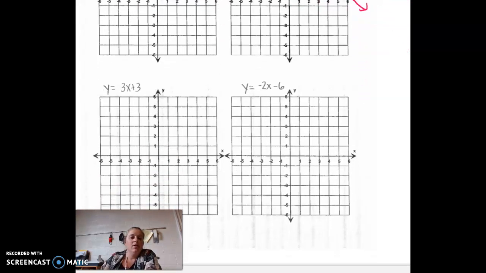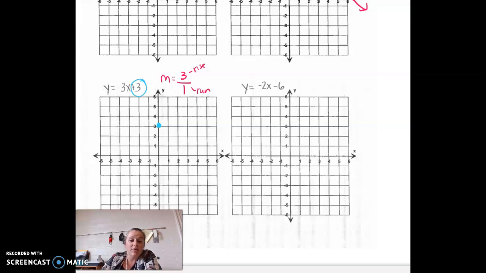Okay, let's look at this one. Y-intercept. No variable here, so we're going to put a point on the 3. And then my slope is a little tricky. My slope is 3 over 1. 3 divided by 1 gives you a fraction, which gives you your rise and then your run. 3 over 1, 3 divided by 1 is 3.